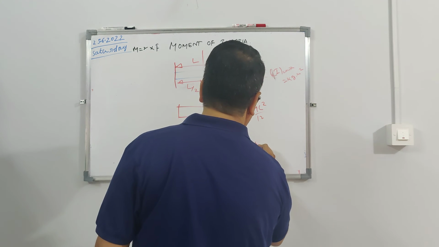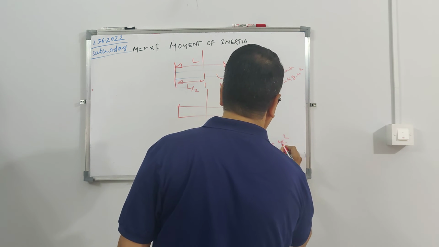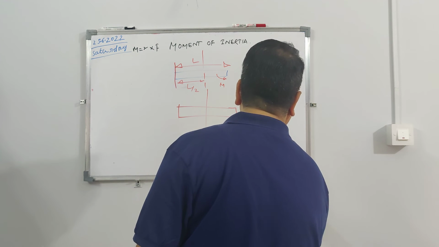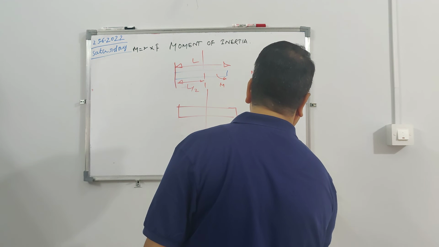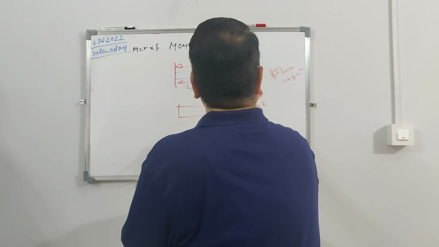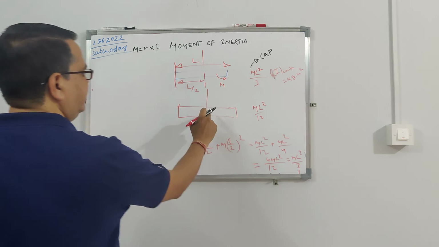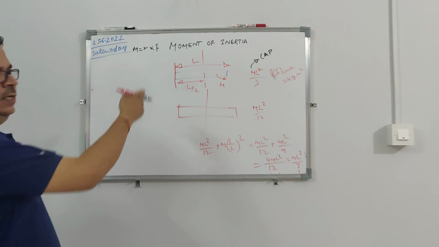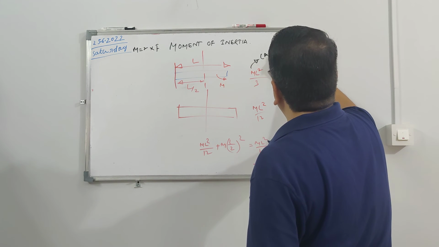This becomes mL squared by 12 plus mL squared by 4. So this becomes 4 mL squared by 12, which is mL squared by 3. You get this by applying the parallel axis theorem, because normally you find about the CG. About any other axis, you have to apply the parallel axis theorem.